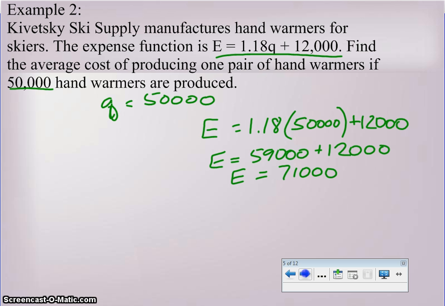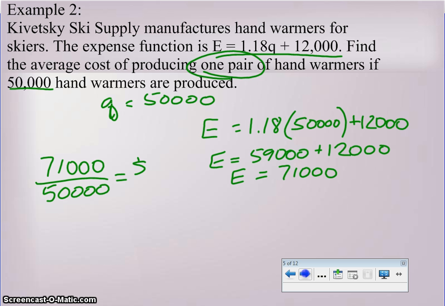In order to find how much it is for just one pair, we're going to take that 71,000 and divide it by the 50,000 that were made at that price. And we find that the price for one hand warmer is $1.42. So the average cost to produce one hand warmer is $1.42 when 50,000 are produced.